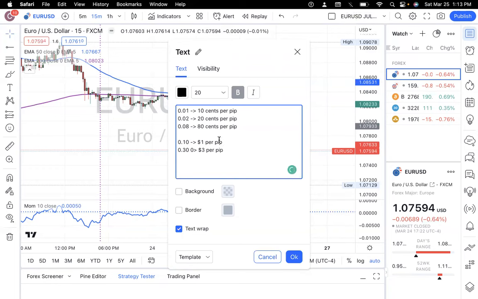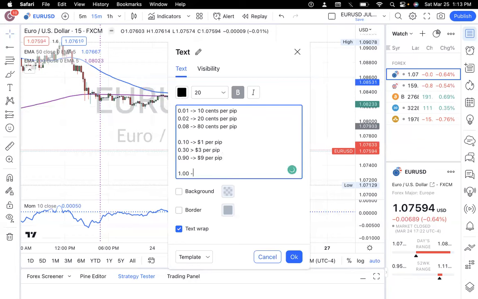And if I do 0.90, of course, this is going to be $9 per pip, and so on and so forth. Now, once we get past this, we move into the standards.